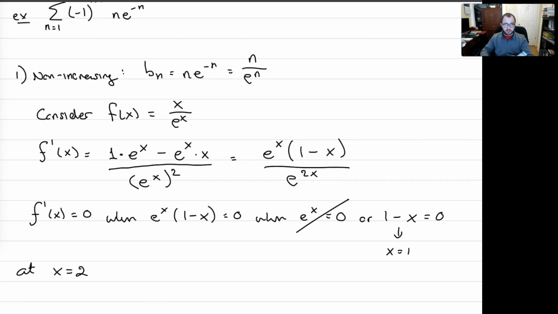Now, at x equals 2, so I'll choose a number bigger than 1. I know that the critical point is at 1, so now I need to choose something between 1 and infinity to see whether the function is decreasing or increasing on that interval.